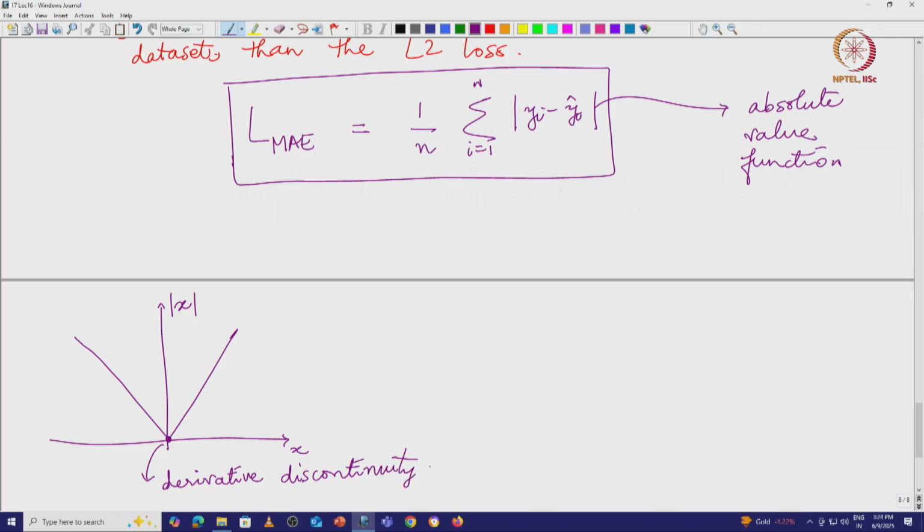So, that is a drawback of the mean absolute error. So, this is derivative in 1D and in n dimensions, or p dimensions because we have p features, it leads to a discontinuity in the loss function gradient.